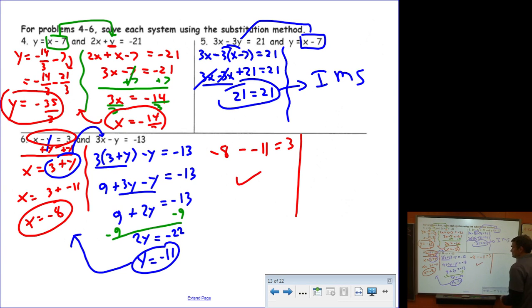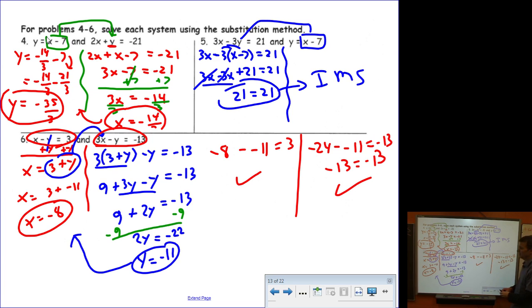That's true. And in the other equation, I would have 3 times negative 8 minus negative 11 equals negative 13, and that's also true. So that is the correct answer.